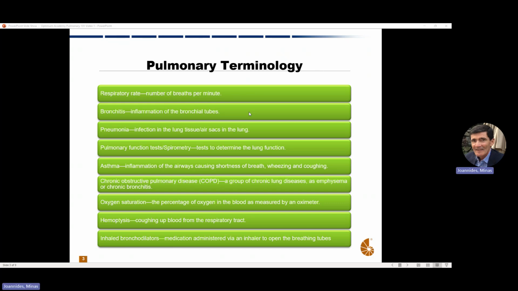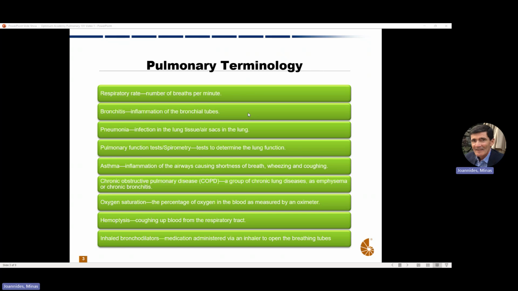Pulmonary function test or spirometry are tests to determine lung function. Asthma is an inflammation of the airways causing shortness of breath, wheezing, and coughing. Chronic obstructive pulmonary disease, abbreviated COPD, is a group of chronic lung diseases, including emphysema, chronic bronchitis, or a combination of the two.